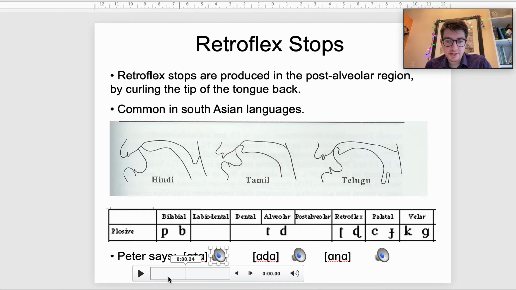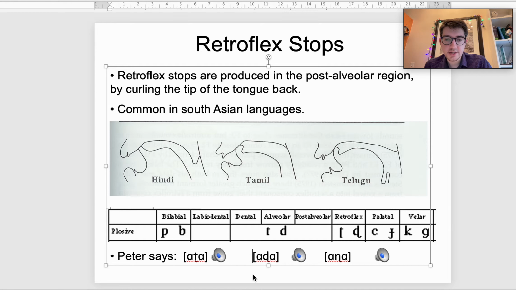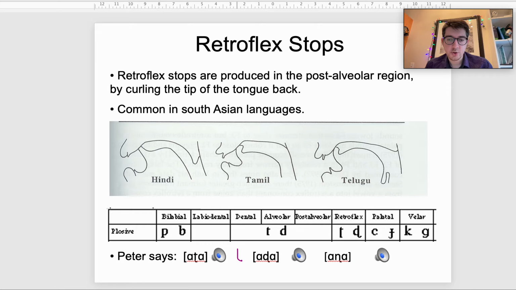And this is Peter Ladefoged producing these. We'll hear them, and we have to note that the symbols are written with a retroflex hook like this, right? Retroflex R, remember it.